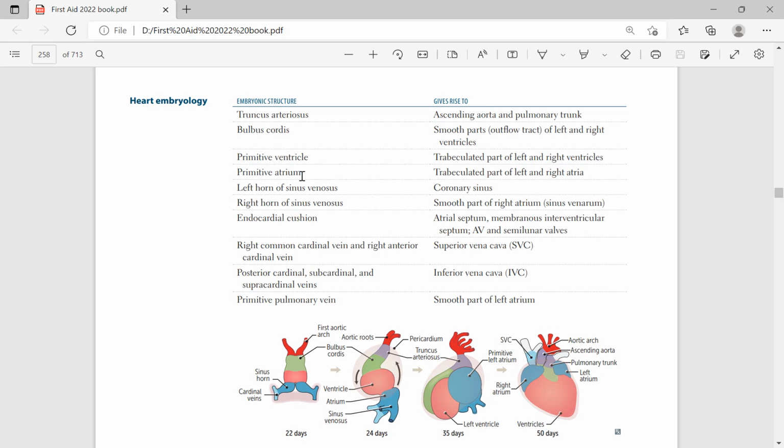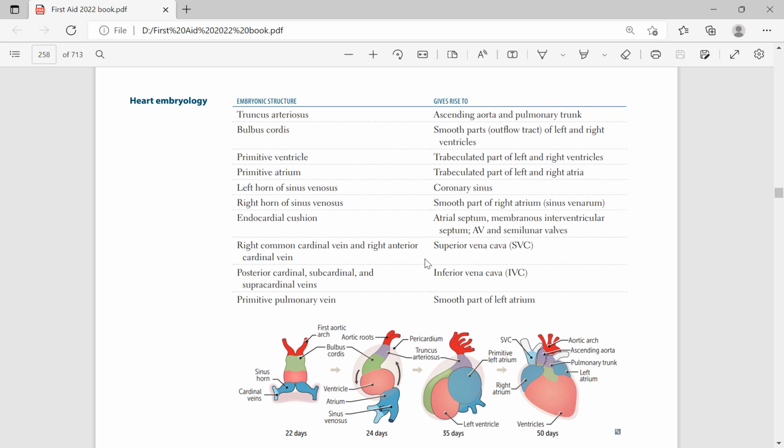Primitive atrium, trabeculated part of the left and right atria. Left horn of sinus venosus, coronary sinus. Right horn of sinus venosus, smooth part of the right atrium.